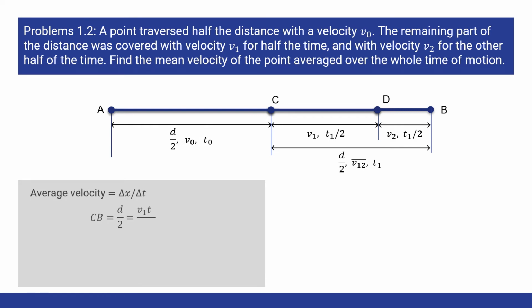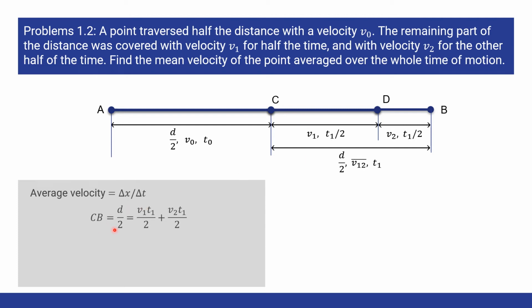Now distance CB, which is equal to d by 2, is covered in two steps. First at velocity v1 and then at velocity v2, both taking time t1 by 2. Therefore, distance CD is v1 into t1 by 2 and the distance DB is equal to v2 into t1 by 2.